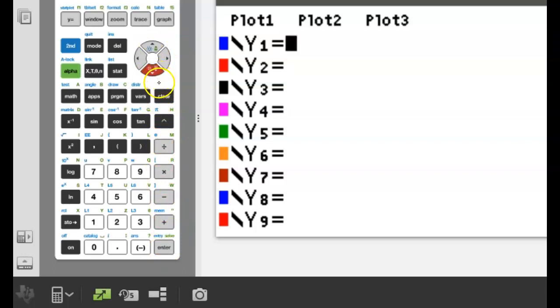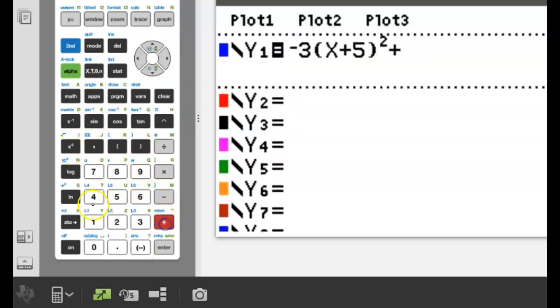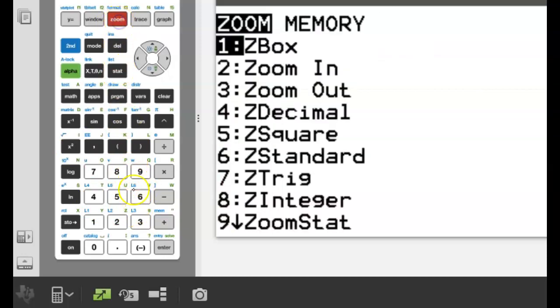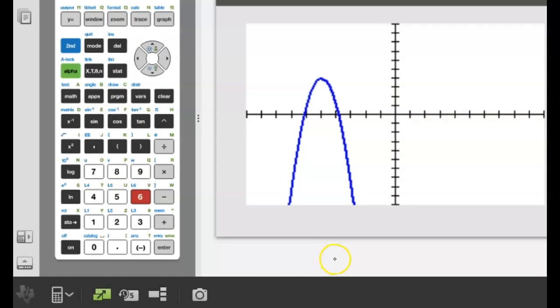All right, we're going to put in the equation for this question, which was -3 parenthesis x plus 5 squared plus 4. All right, let's just start with a zoom 6. Can you do a zoom 6 or a standard window?